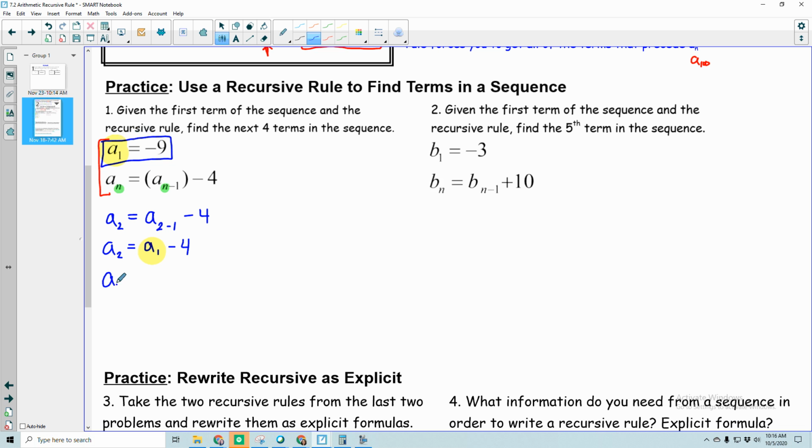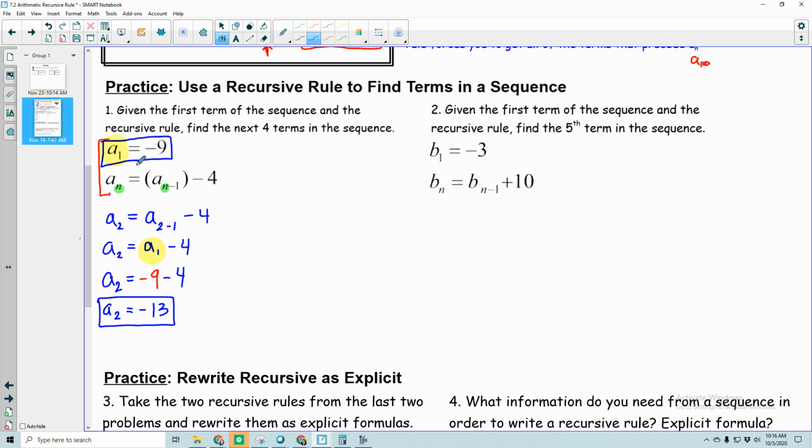So I am going to take this a sub 1 and substitute in that negative 9. Then that second term in the sequence is just going to be negative 9 minus 4, which is negative 13. There we go. Okay, so that is the second term in the sequence.